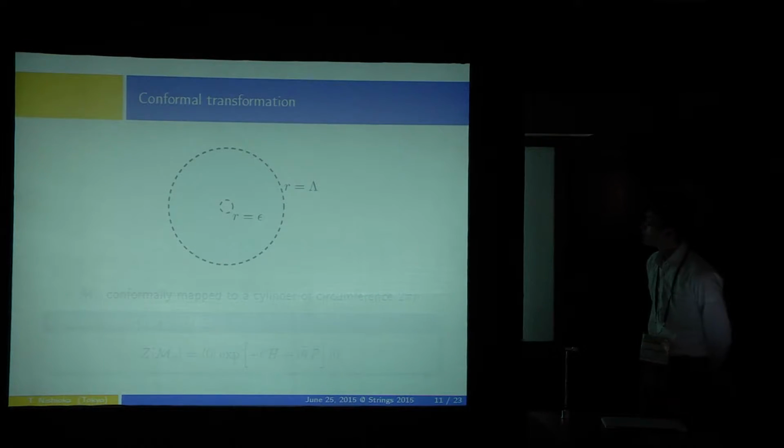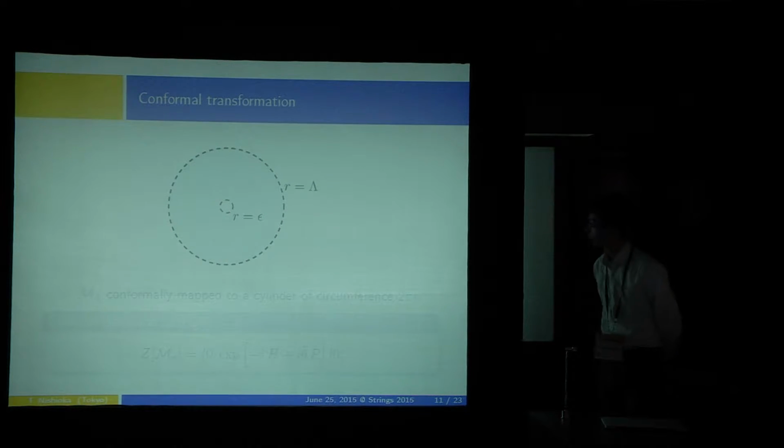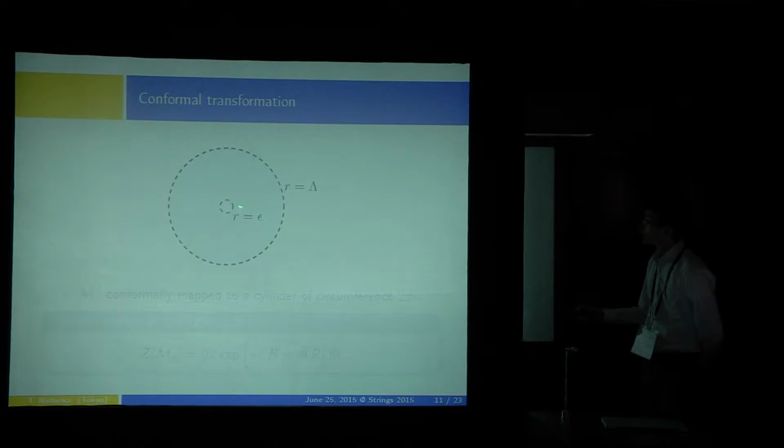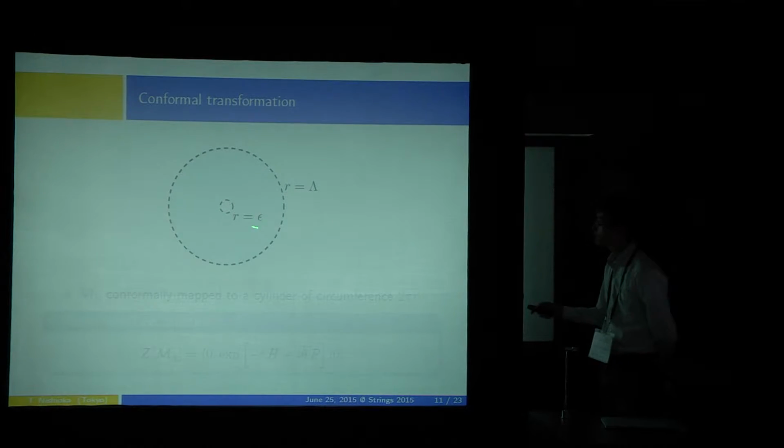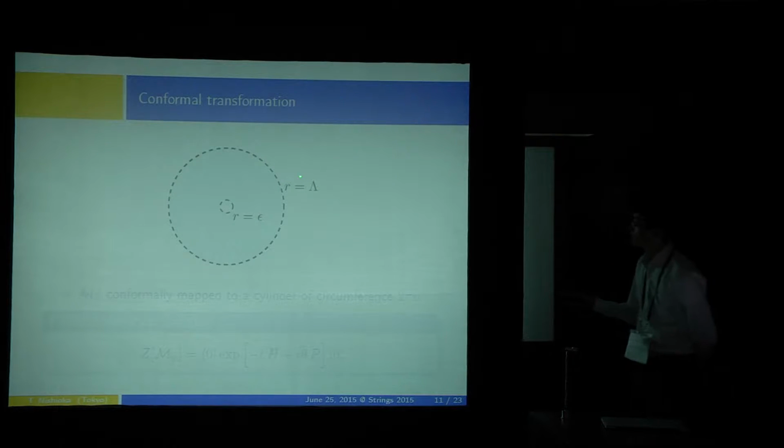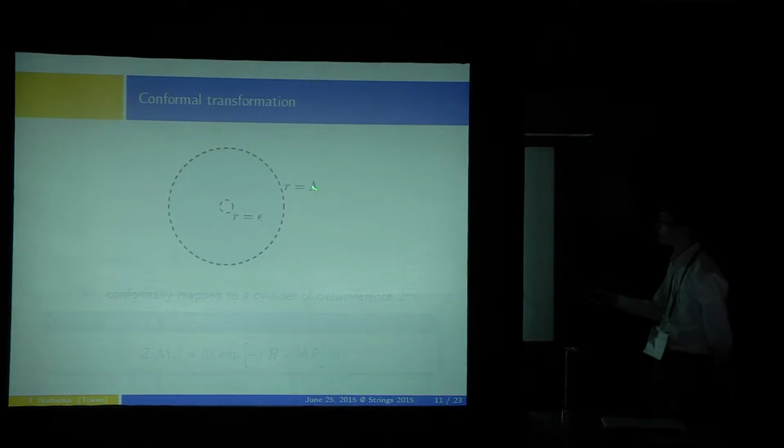Okay, so to calculate the partition function, let me use a conformal transformation because I assume that there is a conformal symmetry here. First, to regularize the UV and IR divergences, I restrict the range of the radial direction of the n-fold cover from epsilon, a small number, to lambda, a large number. So this is the IR cutoff.